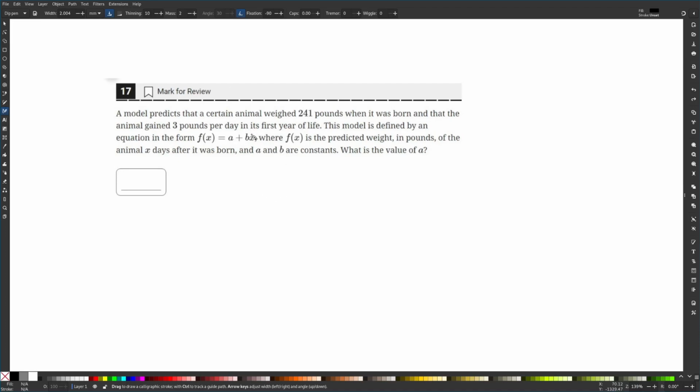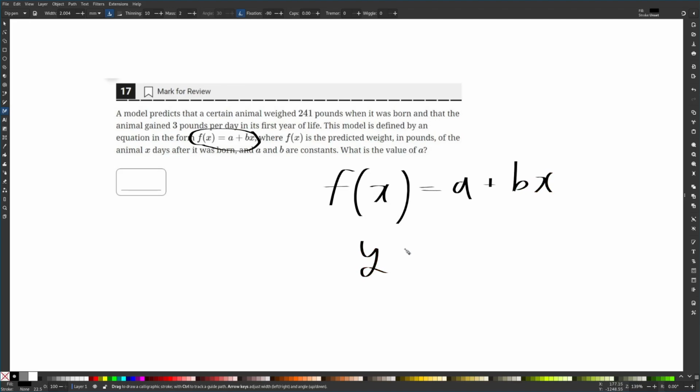Okay, so whenever I have a weird equation like this, f of x is equal to a plus bx, I will try to make it look like something I do know how to use. So f of x, just write it out again. f of x is equal to a plus bx. We can replace this f of x with a y, since they're basically the same thing. y is equal to a plus bx.